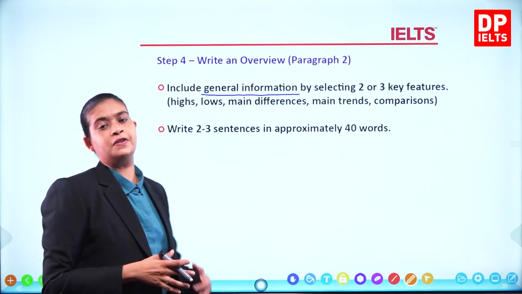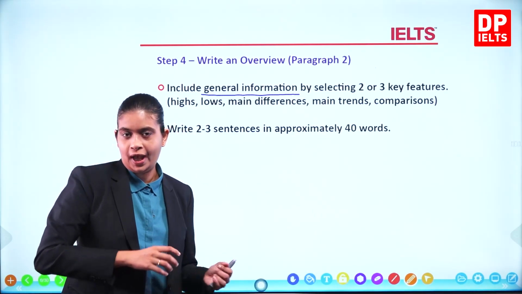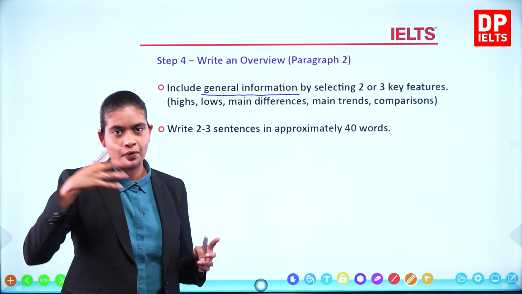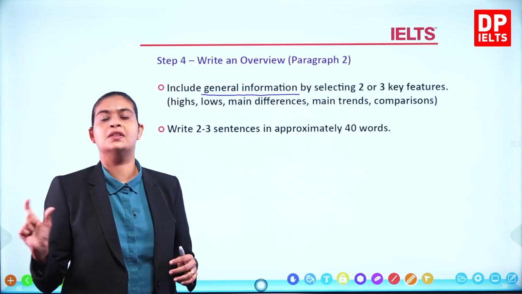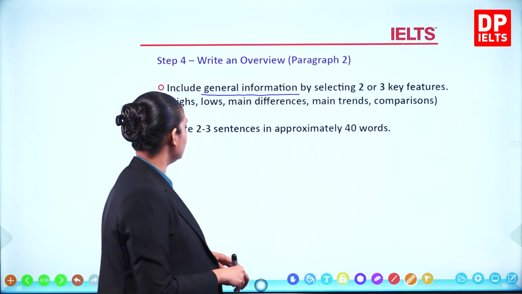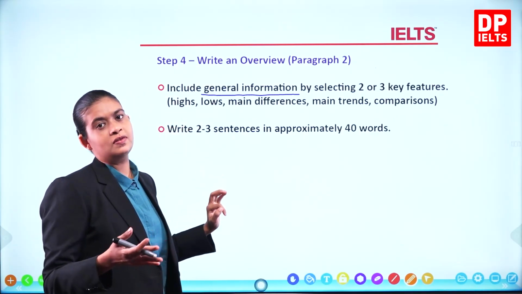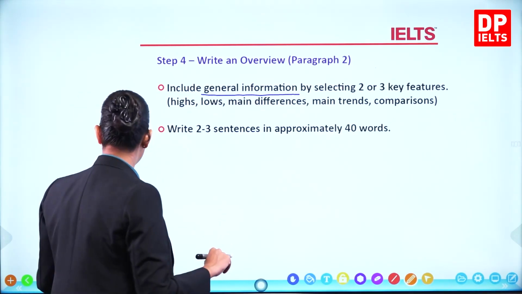Don't write 50% increase, 60% decrease. Have a look at the obvious trend. What is the obvious one, and talk about that trend, but not with specific information, but general. You could write about 2 to 3 sentences, approximately around 40 words, right?